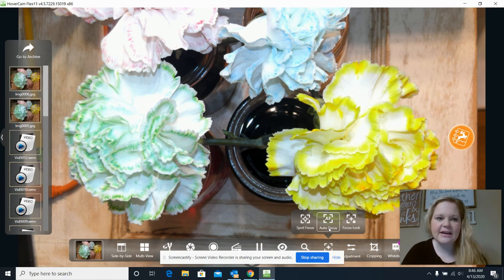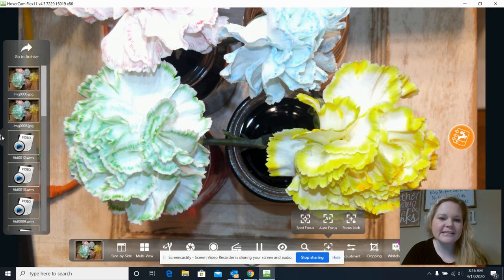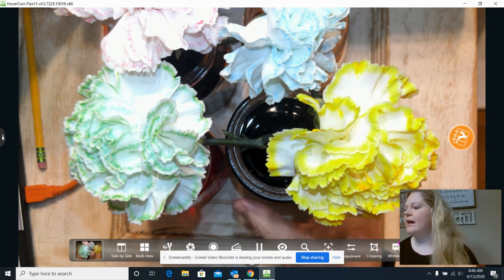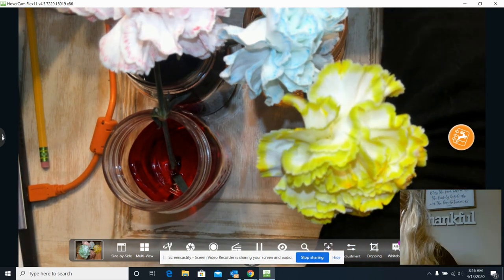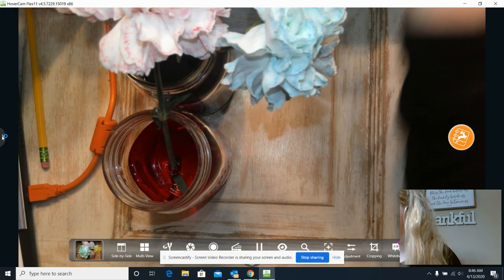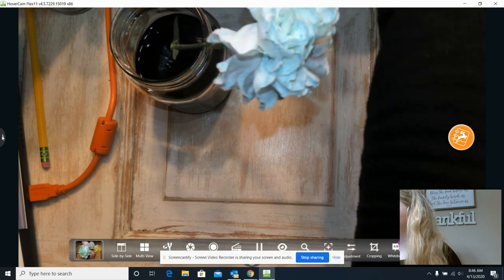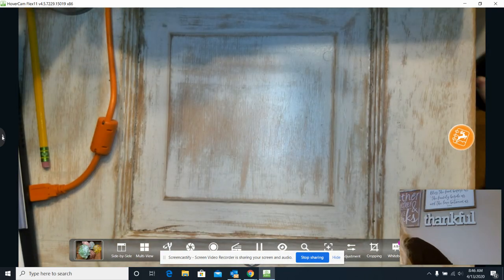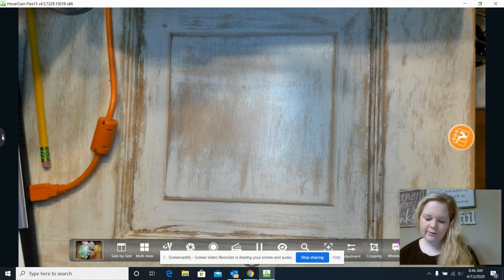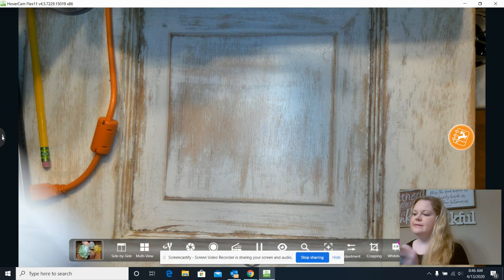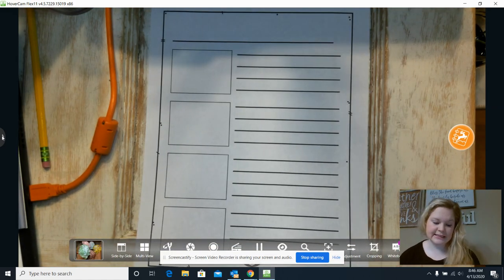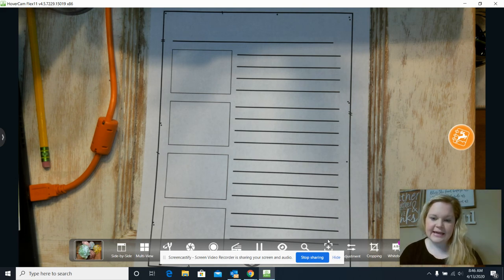Okay, so now let's take a look at how we're going to write about this. I'm going to move these flowers out of the way. Now we're going to talk about our writing and how we're going to make a how-to for dyeing flowers, because that's what you need to do in this science experiment.